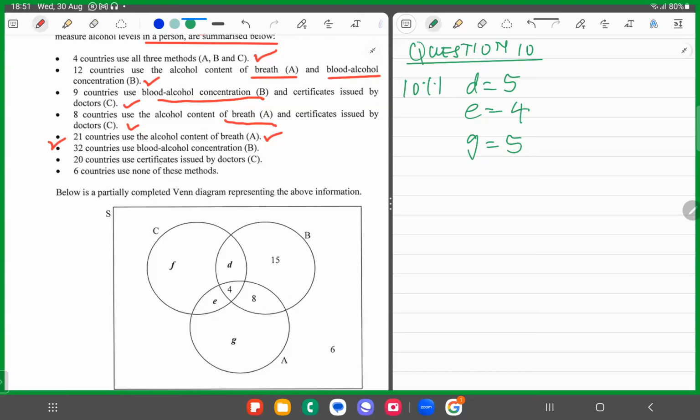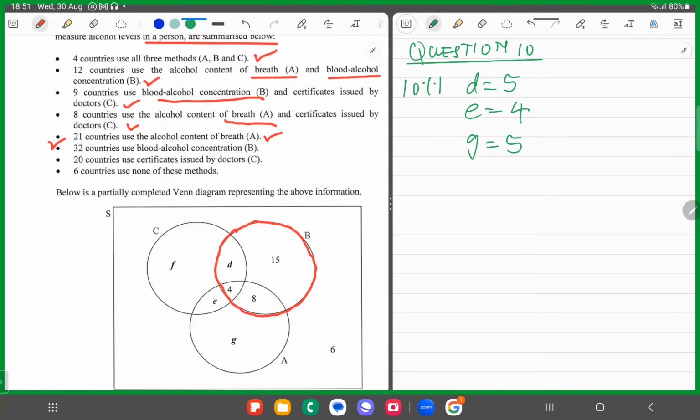32 countries use blood alcohol concentration B. So now everything in B must be 32.